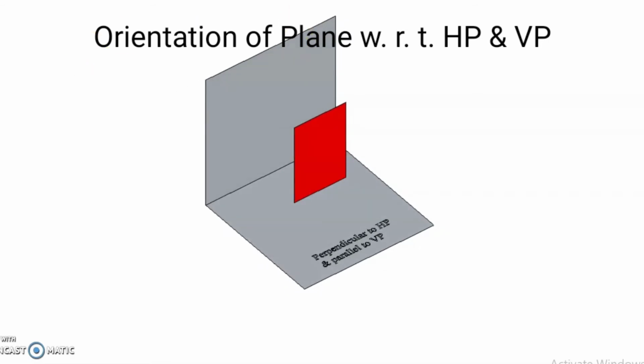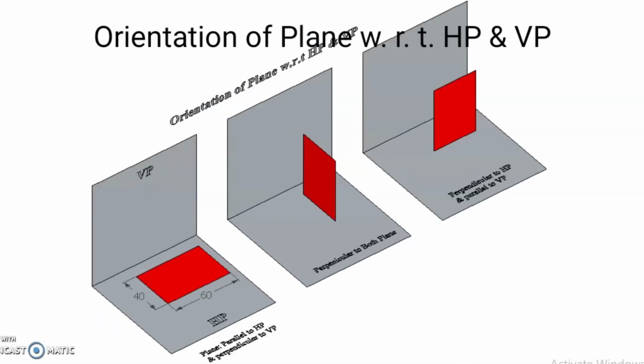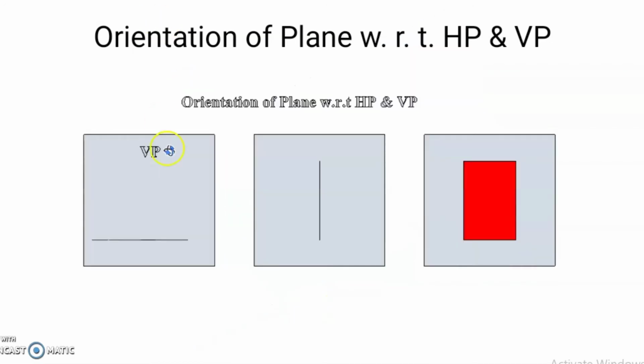So if you consider all these three planes, in the first case the front view appears like this one. In this case, the rectangular plane is parallel to HP. In this case, it is perpendicular to HP, and in this case, it is parallel to VP.